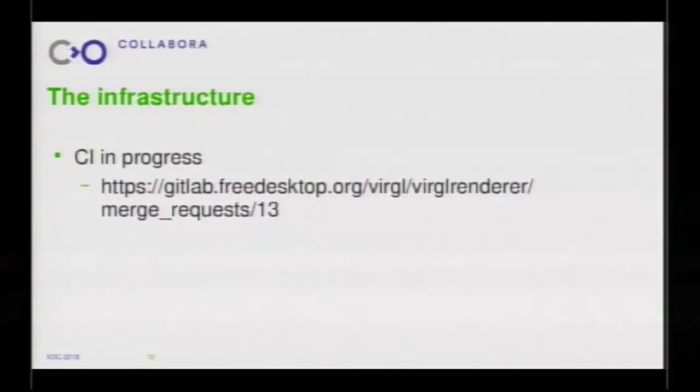But it's very hard to get a CI for Virglrenderer because there are a lot of components in the stack. So right now we have a known good version of Mesa, a known good version of DRM, and a known good version of the CTS. And we are running all these tests on top of LLVM pipe.